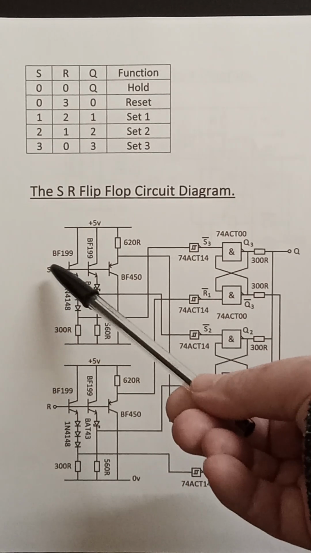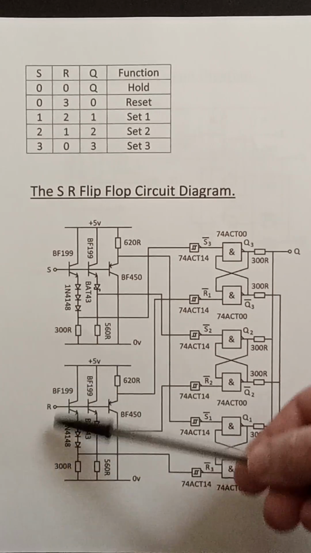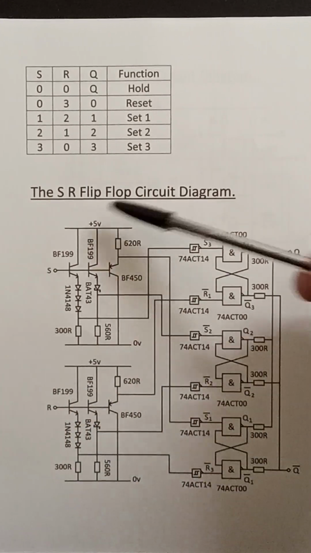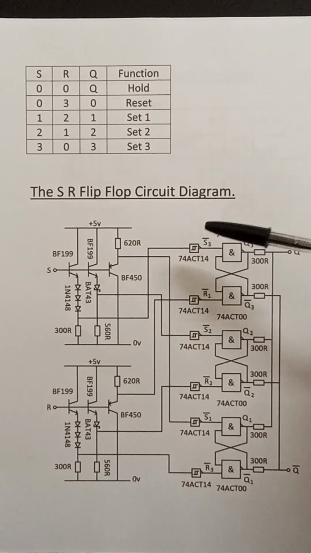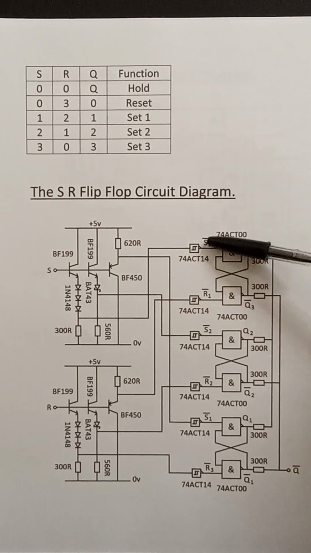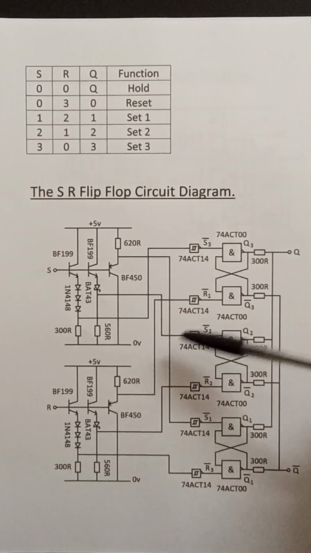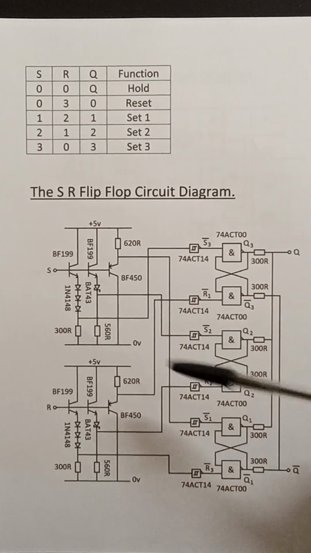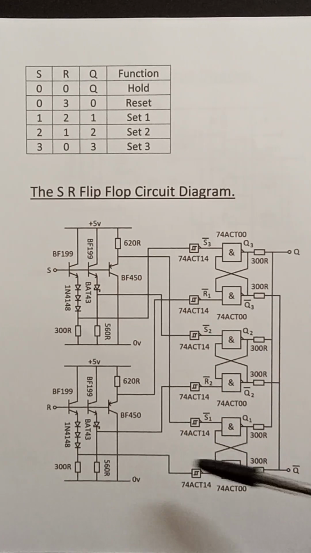So we have the quaternary S and the quaternary R here, the inputs. These are split into binary here, according to the previous table. So this is S3 here, R1 there. This is S2 here, R2 there, S1 here, and R3 there.